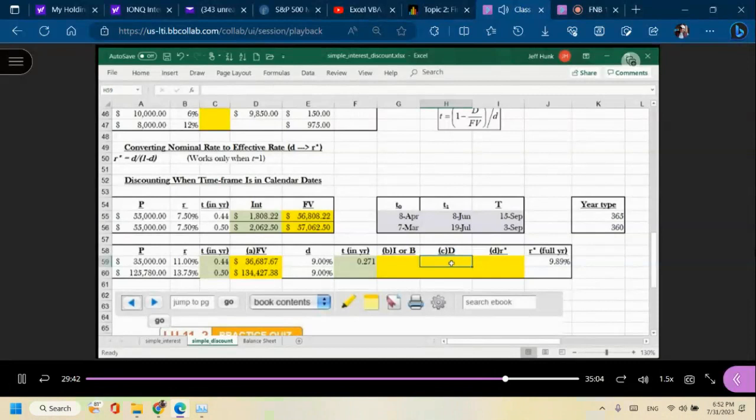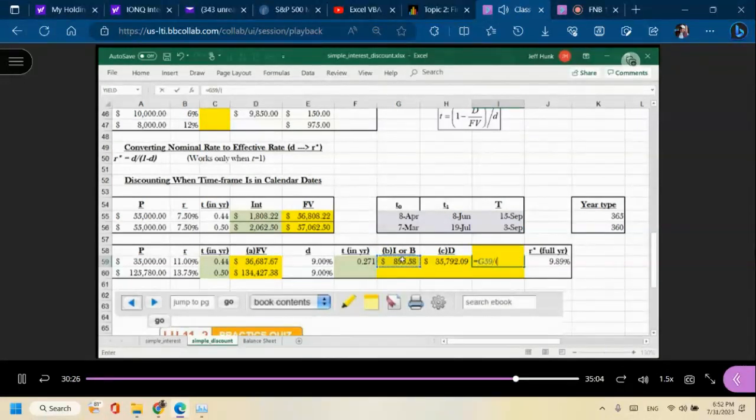We'll find the proceeds. FV is the maturity value, right? Times 1 minus discount rate times T. There you go. And then the bank discount is the difference between the two. And the effective interest rate is what?